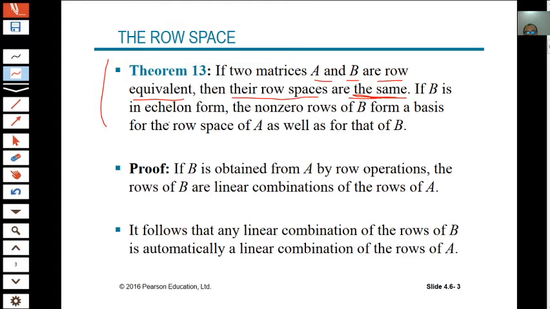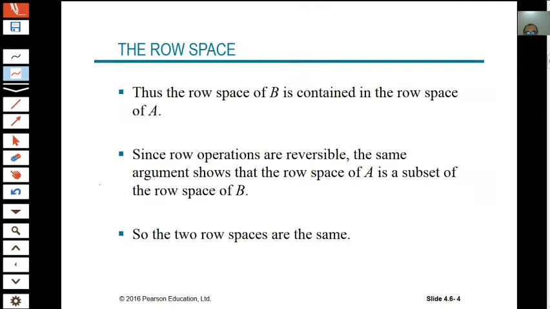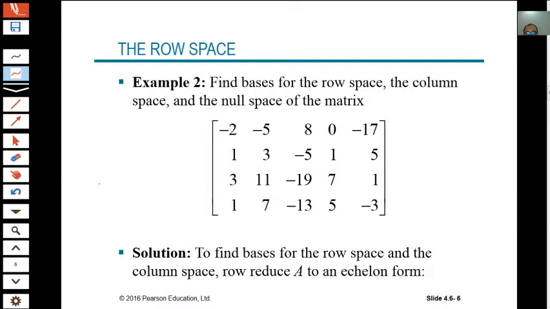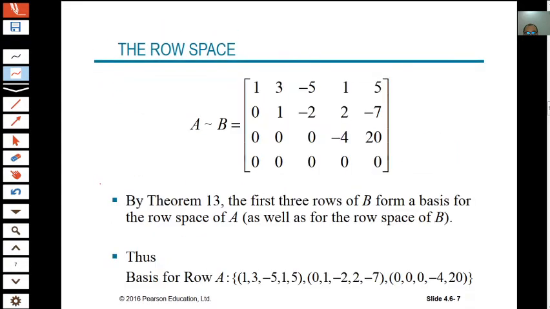If B is in echelon form, the non-zero rows of B form a basis for the row space of A as well as for that of B. Okay, to find a basis for the row space of the matrix A, first we need to find its echelon form, and we take the non-zero rows of the echelon form of this matrix to find a basis. Okay, I will not talk about the proof of this theorem, so let's see directly an example about that.